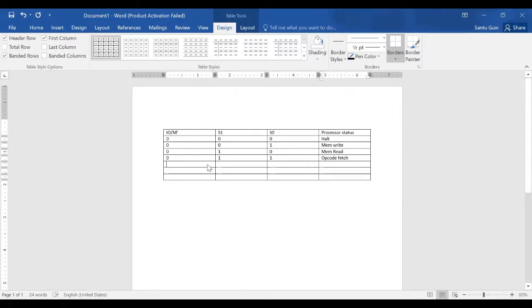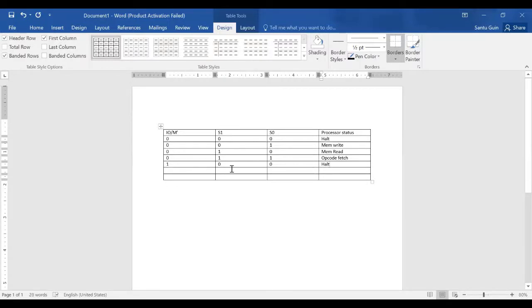Now coming to the next combination, which is 1, 0, 0: the state of operation is again called the halt state. So whether IO/M bar is 0 or 1, if both status signals S1 and S0 are 0, in these two cases the processor goes into the halt state.